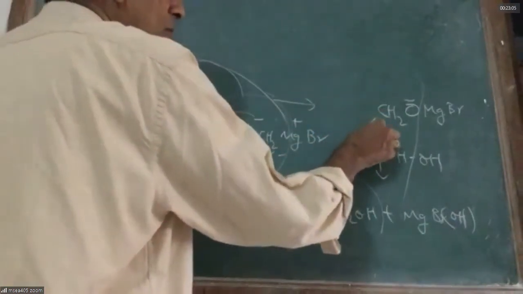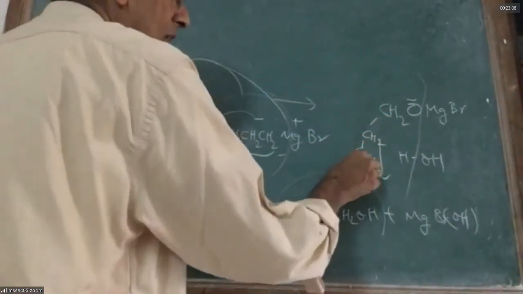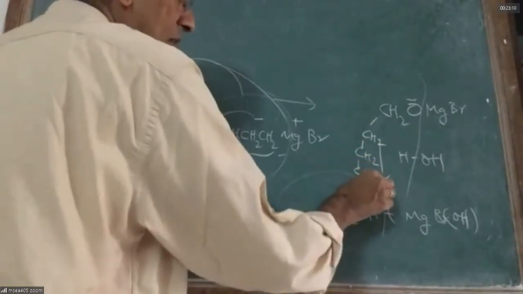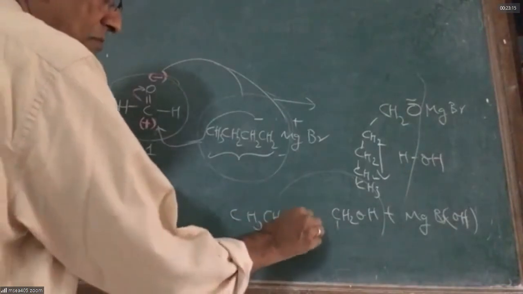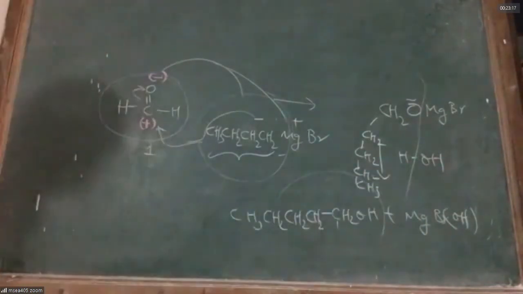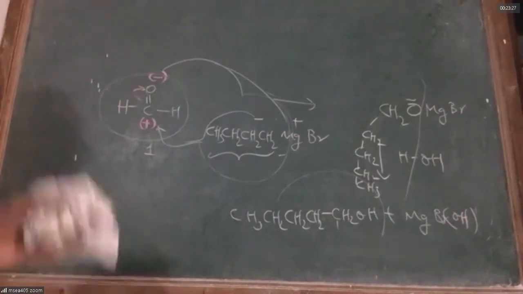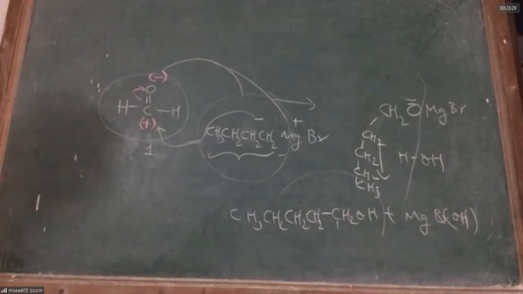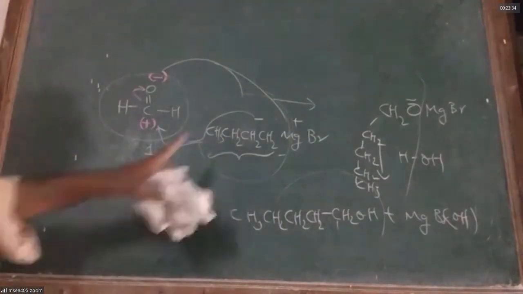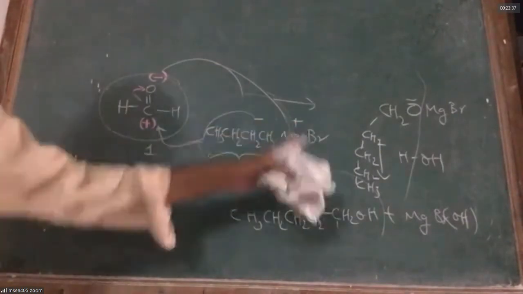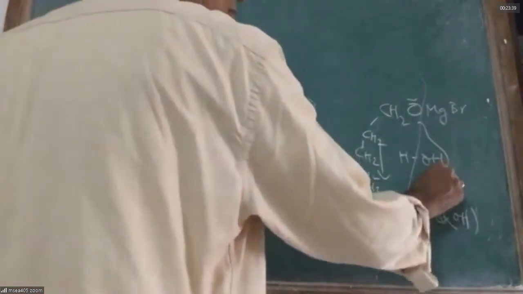This has 4 carbons. So what is this alcohol? It is 1-pentanol. So you can name any primary alcohol, and you can make it happily. The rule is: fix formaldehyde, change the Grignard reagent, first react, then treat with water. That's it.